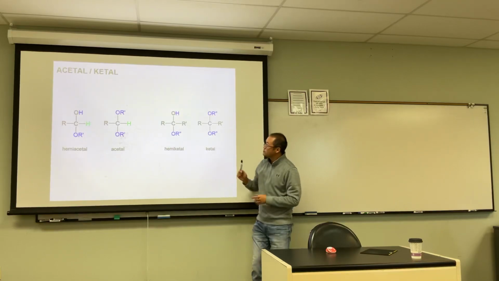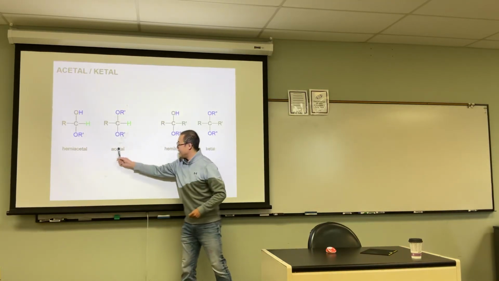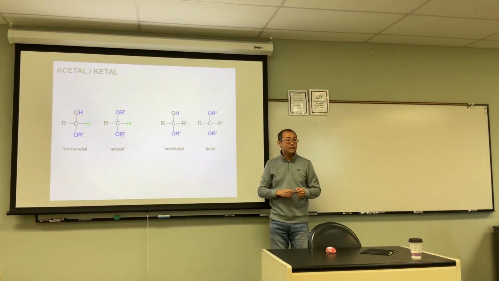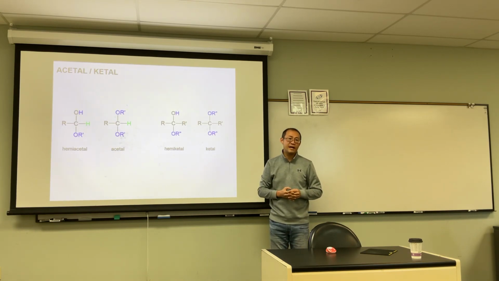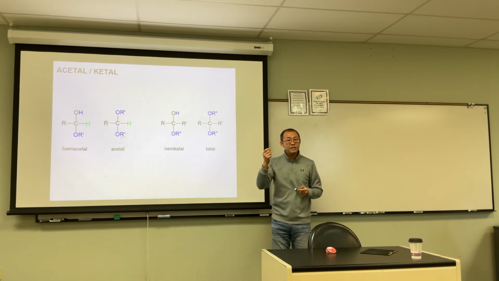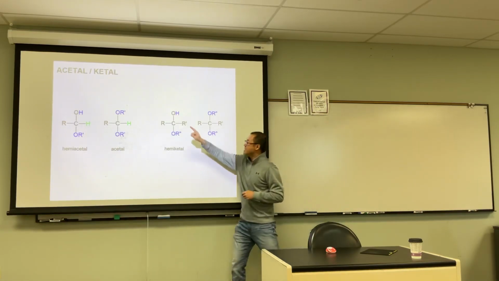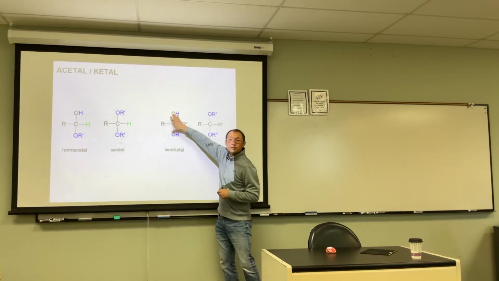Take a look at these four structures: hemiacetal, acetal, hemiketal, ketal. Like we mentioned last time, these four structures are very unique in organic chemistry. The reason they're unique is because all these four structures have a carbon single bonded with two oxygens.